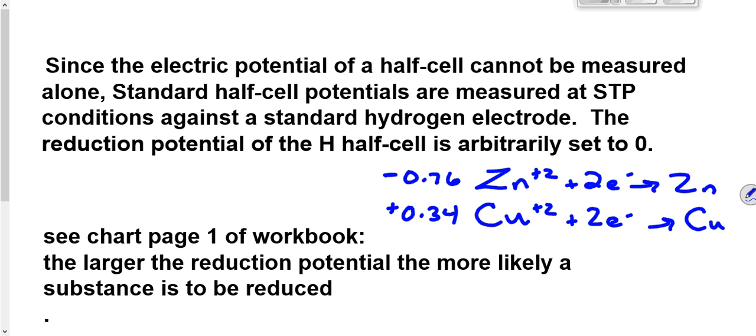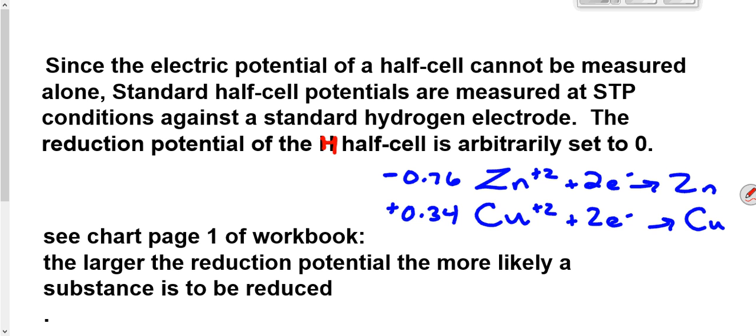Now this is what happens when we measure it against the standard of hydrogen. Hydrogen is the standard that all these were measured off of, and then we measured how much pull these had for attracting electrons to themselves as ions to become the reduced metallic form. So the numbers themselves are arbitrary.